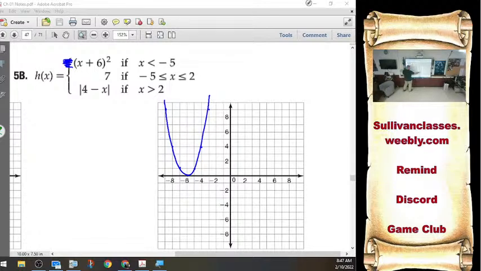before -5. So I go to -5 with an open circle. Okay. When x is less than -5, open circle to the left. Get rid of the stuff that doesn't matter. And do it again. y equals 7.